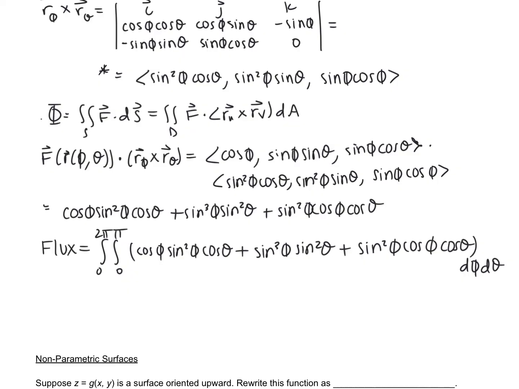While this looks really bad to integrate, it's actually not that bad. First thing I want to point out is that these two terms are the same. So I can add them together and pull a 2 out, and then I can actually separate phi and theta. I'm going to take out sine squared phi cosine phi d phi from 0 to pi, and then I have the integral from 0 to 2 pi of cosine of theta.